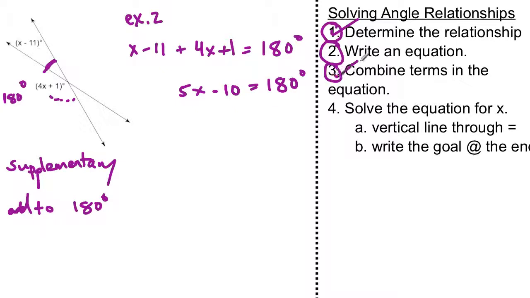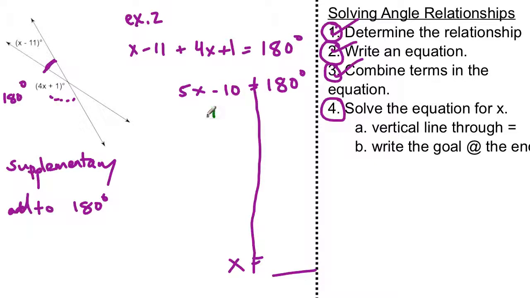So we got this part, and now we need to solve this equation. Remember, when we solve the equation, vertical line through the equal sign, and then also write the goal at the end, x equals something. When we solve this out, we need to take care of this 5 times x and this minus 10.